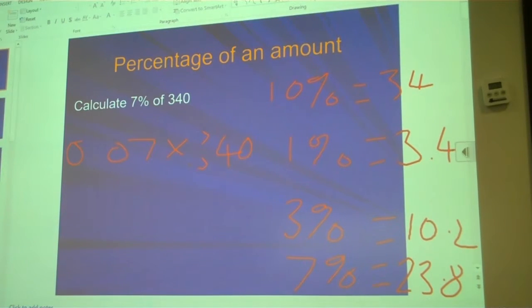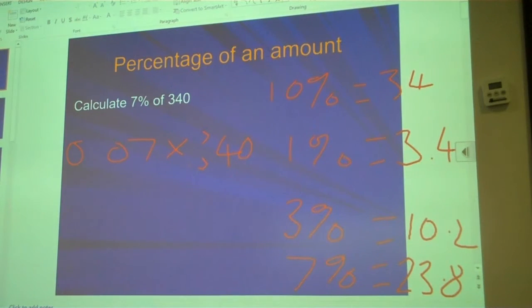Olivia, if I was finding 43% or something, what would my multiplier be? 43% means 43 per 100. So 43 divided by 100 would be 0.43. Jess, if I was finding 83%, what would my multiplier be?